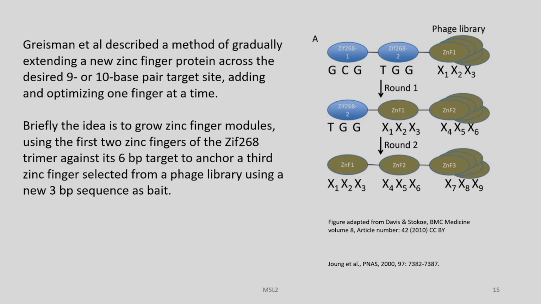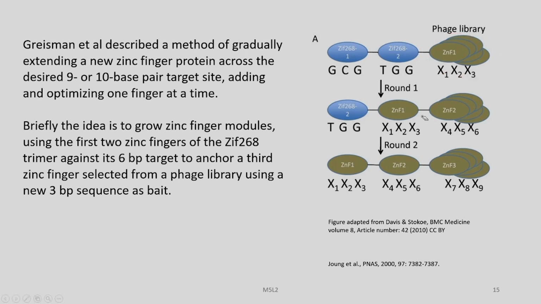Briefly, the idea is to grow zinc finger modules using the first 2 zinc fingers of the ZIF268 trimer against a 6 base pair target to anchor a third zinc finger selected from a fuzz library using a new 3 base pair sequence as a bait. So, there are 2 rounds as you can see over here. This is the ZIF268 first and second module, and the third module will be selected from this fuzz library.